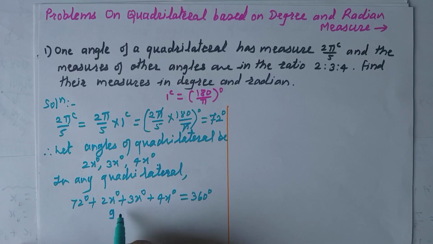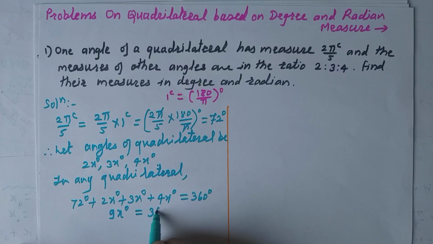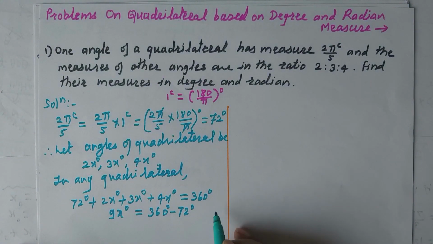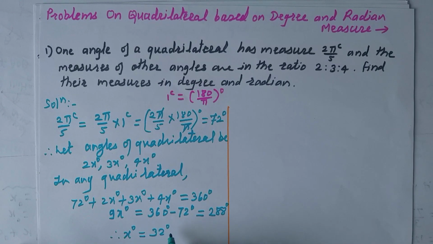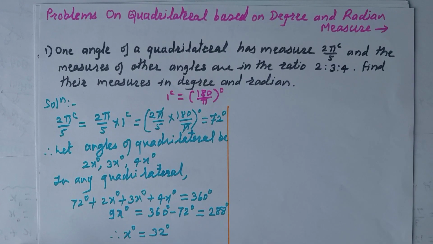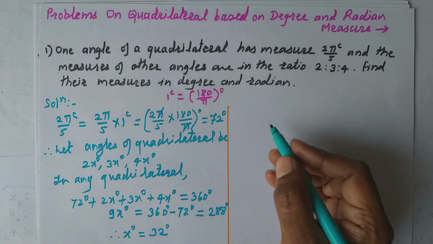Now you simplify this. This is nothing but 9x degree is equal to 360 minus 72. After simplification, this is nothing but 288 degree. Therefore, here I will get x is equal to 32 degree. Here the value of x is 32.